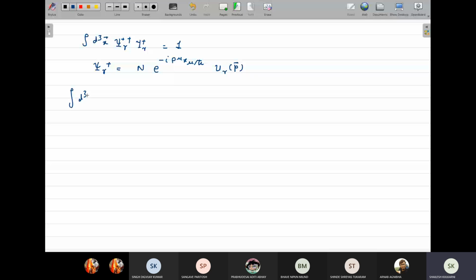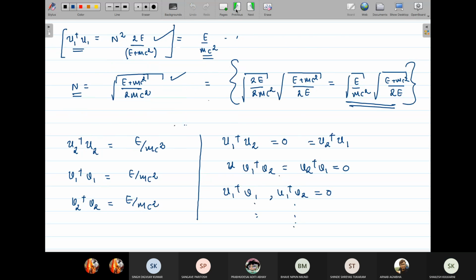The integral d3x of psi_r dagger psi_r gives N square, and this factor will go out. So you have u_r dagger(p) u_r(p), and u_r dagger(p) u_r(p) is basically 2E divided by mc square.